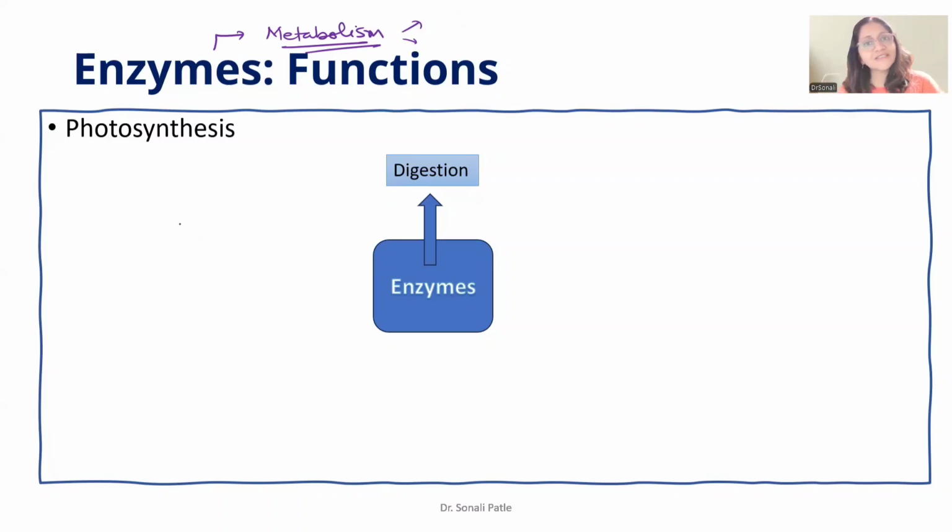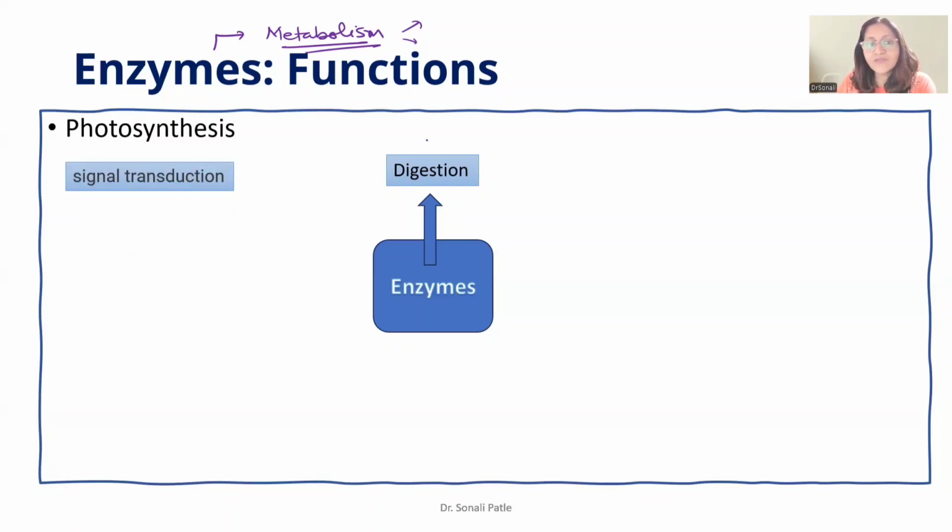So in photosynthesis, with the presence of sunlight, carbon dioxide and water get converted into glucose, right? So that is photosynthesis. In this reaction, we require a lot of enzymes which convert or fix this sunlight into chemical energy. Then apart from that, you require signal transduction, digestion.